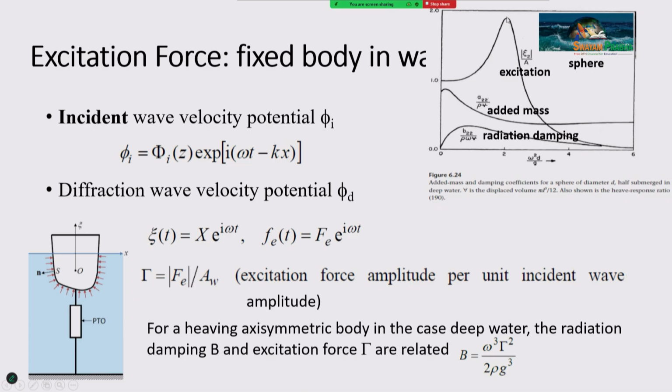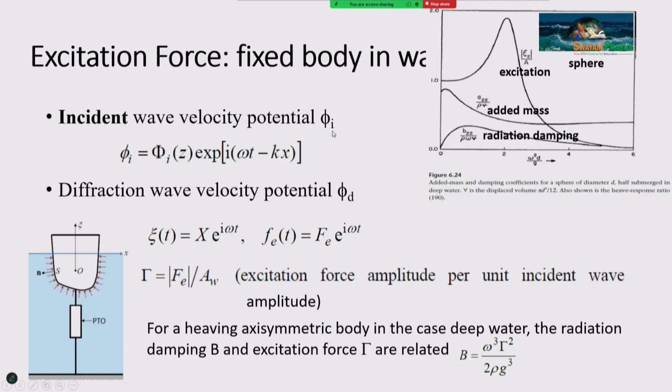If you want to design something, what do you want? You want the excitation force at maximum at that frequency, and you want radiation damping to be small. All this design really depends on shape. For this ball shape you see here, you want the excitation force large at this frequency, and radiation damping reasonably small.